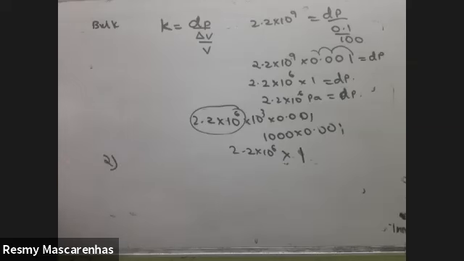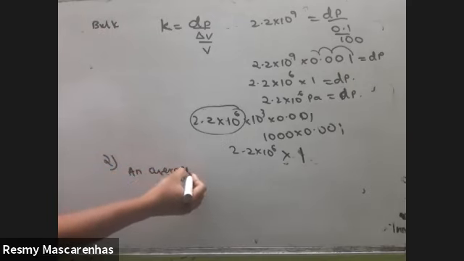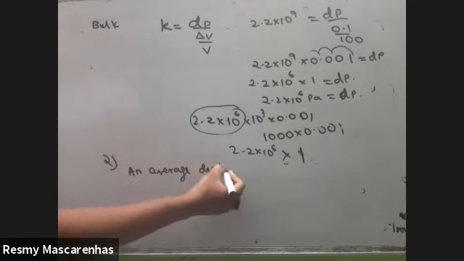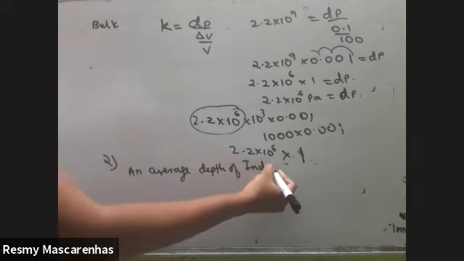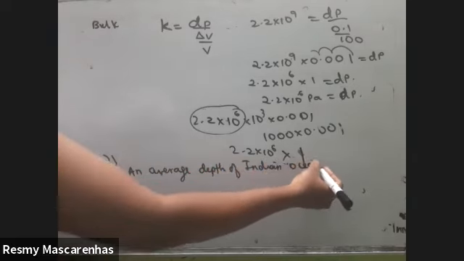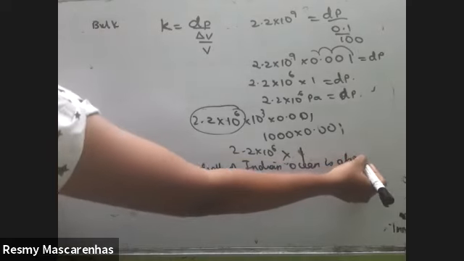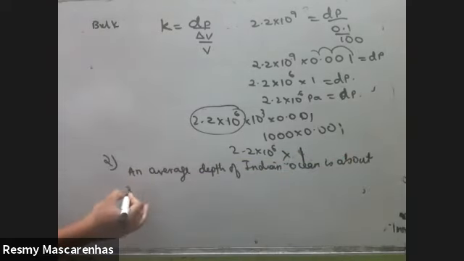Second question. The average depth of the Indian Ocean is about 3000 meters.